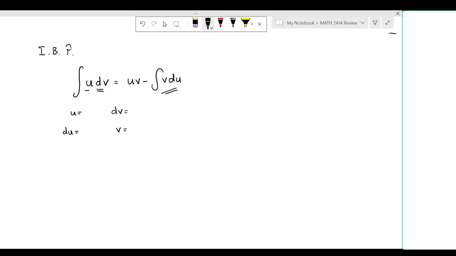Right? And does anybody recall the acronym you used, as a guideline, as a mnemonic to help you out choosing u? We used to say ILATE, but now it's LIATE. And of course the L is log. I is inverse trig.